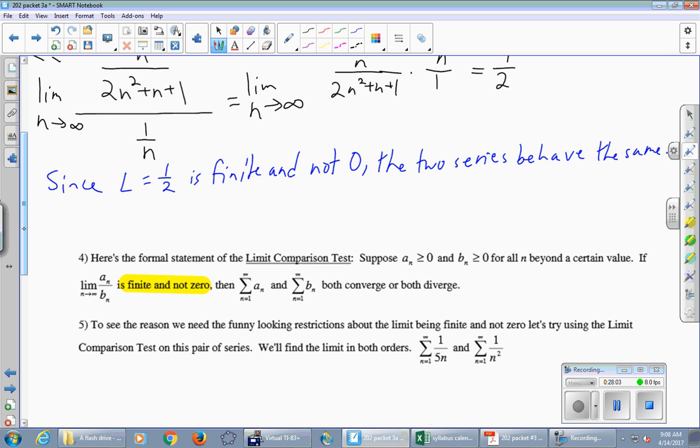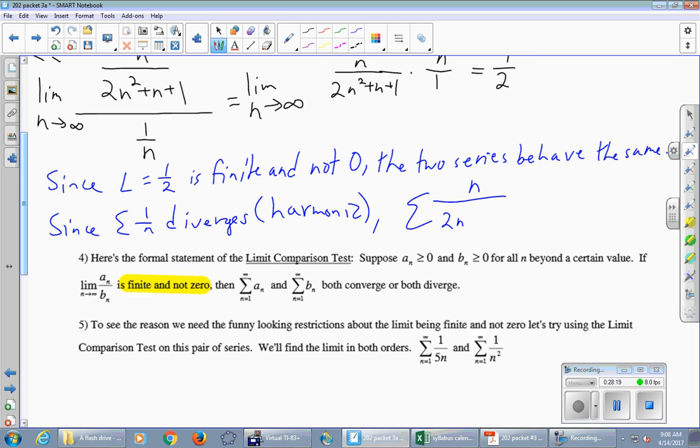So since sum of 1 over n diverges, again, it's the harmonic series, then the sum, and I'm copying the whole original thing, also diverges by the LCT, limit comparison test.